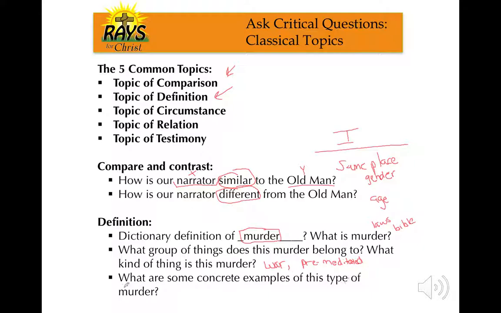What are some examples of this type of murder, of premeditated murder? And I watch Forensic Files, so I could think of a lot of examples, but maybe we could think of another example from literature. Maybe the murder of Aslan in The Lion, the Witch, and the Wardrobe.